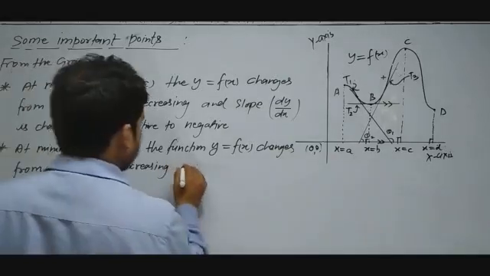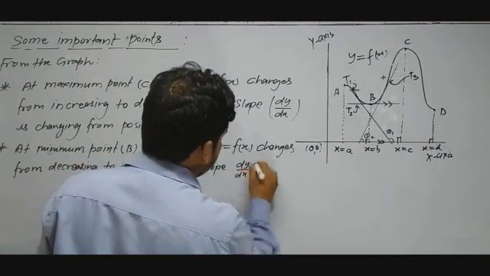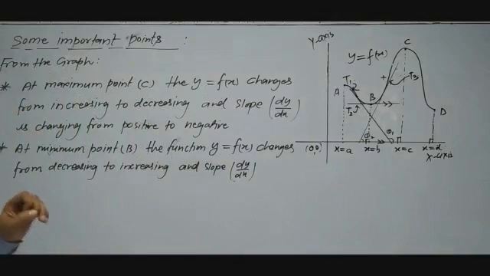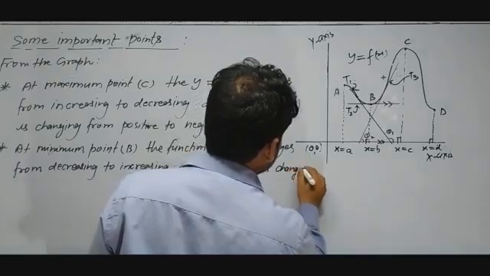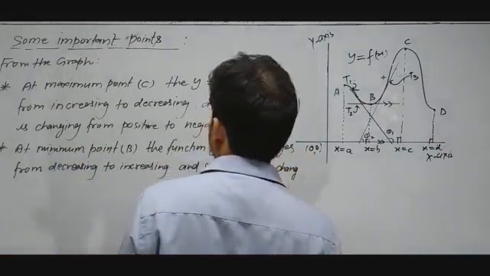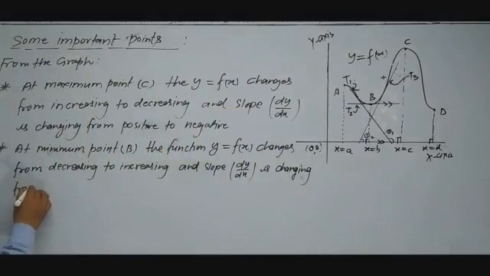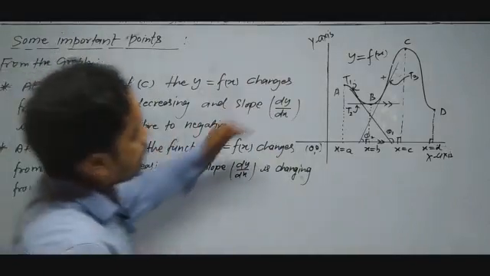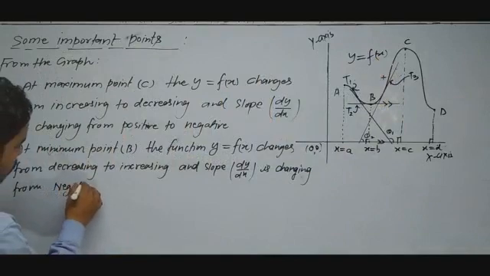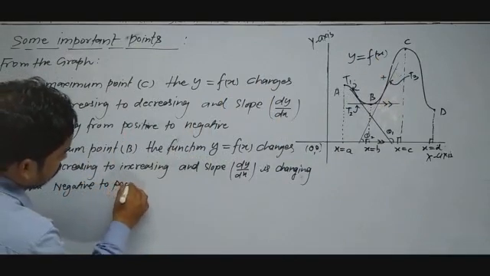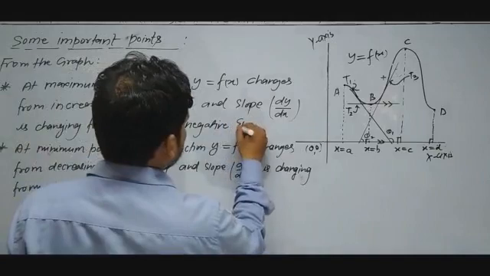And the slope means dy by dx is changing from negative slope to positive slope.